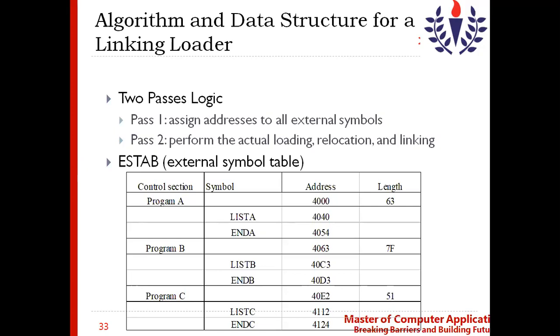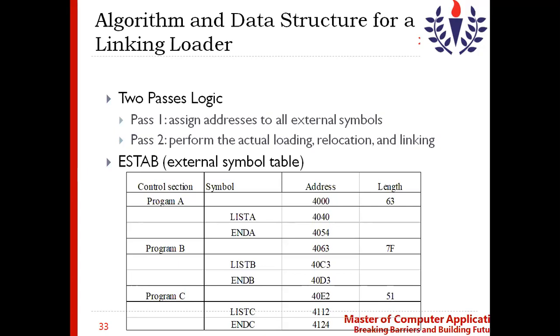These are the contents of the ESTAB when it was created in pass 1 by the linking loader. In pass 2, the actual process of linking, relocation, and loading happens. So in order to resolve the external symbols, there should be pass 1 and pass 2.